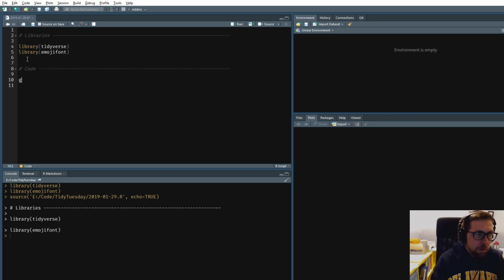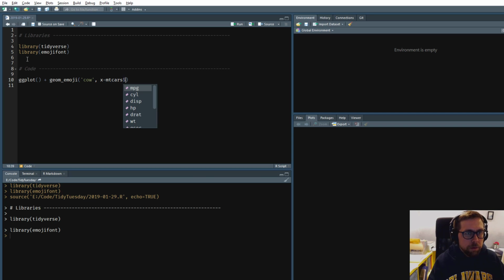Now, the call is a little bit non-standard. They provide this geom emoji layer, which kind of works, but you have to put all of the data calls in that geom, not in the original ggplot call. Anyway, so let's do a simple empty cars plot just to see what it looks like.